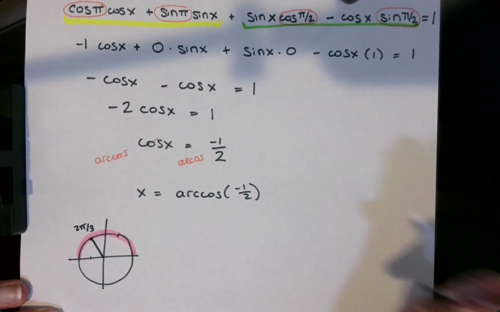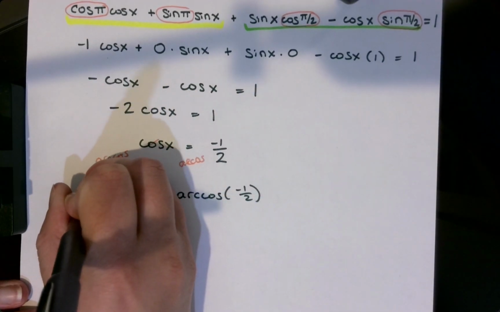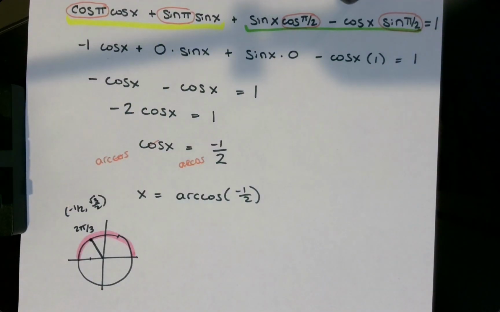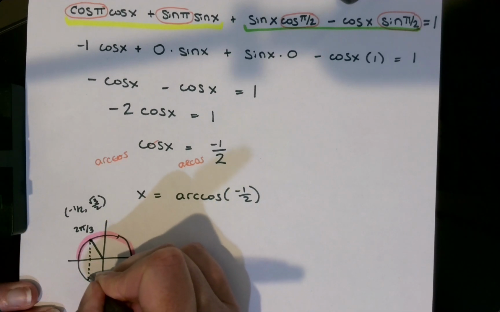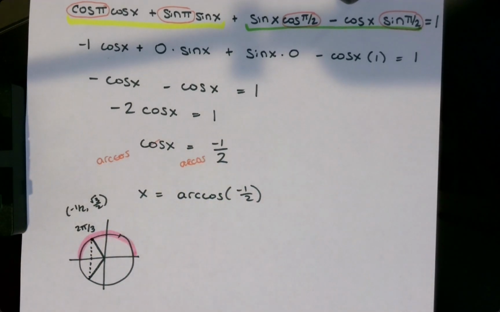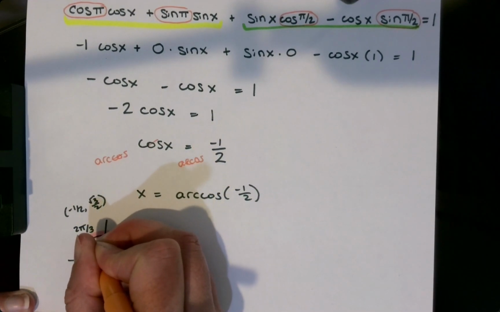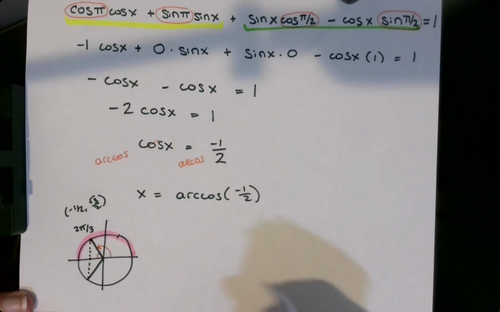And the ordered pair right here is going to be -1/2, square root of 3 over 2. The other value that would have the same cosine would be on the bottom there in quadrant 3. And it's going to have the same reference angle. So remember that 2 pi over 3 is this full angle. The reference angle on this is pi over 3.